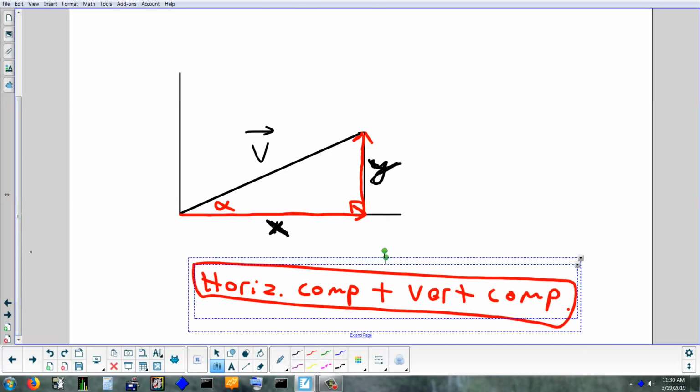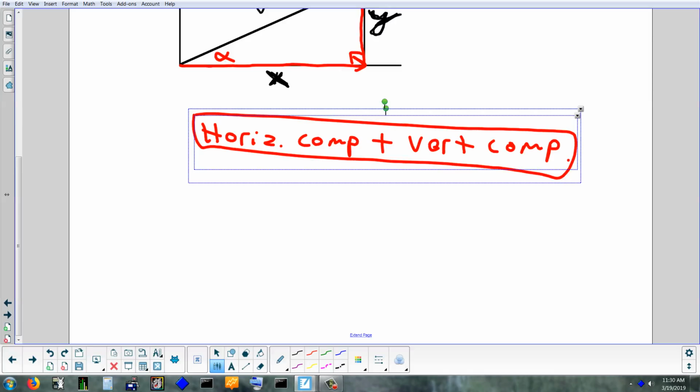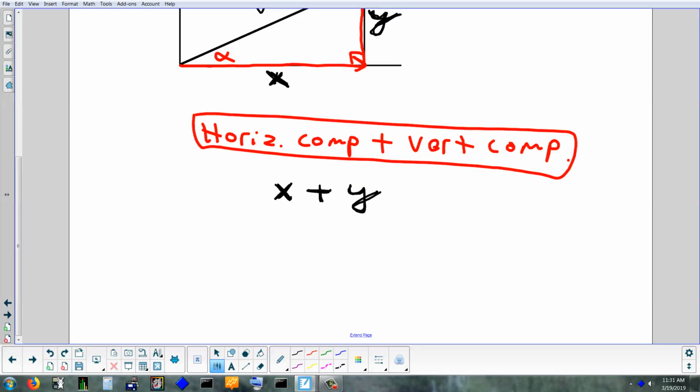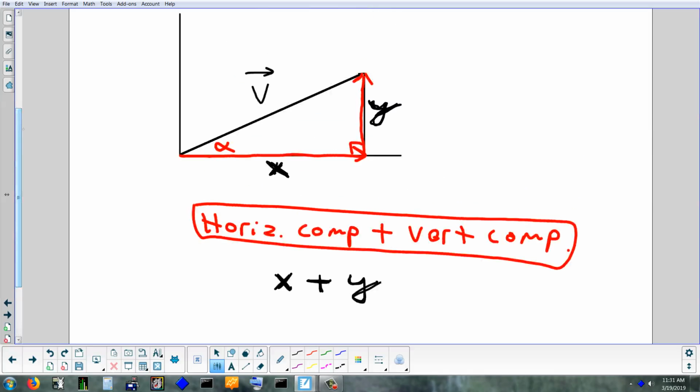If you combine x and y together, that's the horizontal and the vertical. We just have to figure out what x and y are based on the angle you're throwing it at and the speed you're throwing it at.